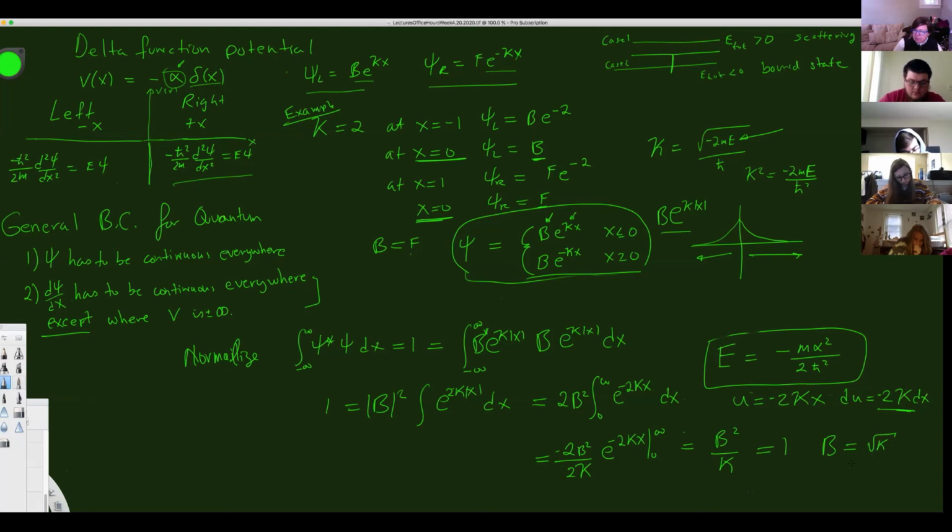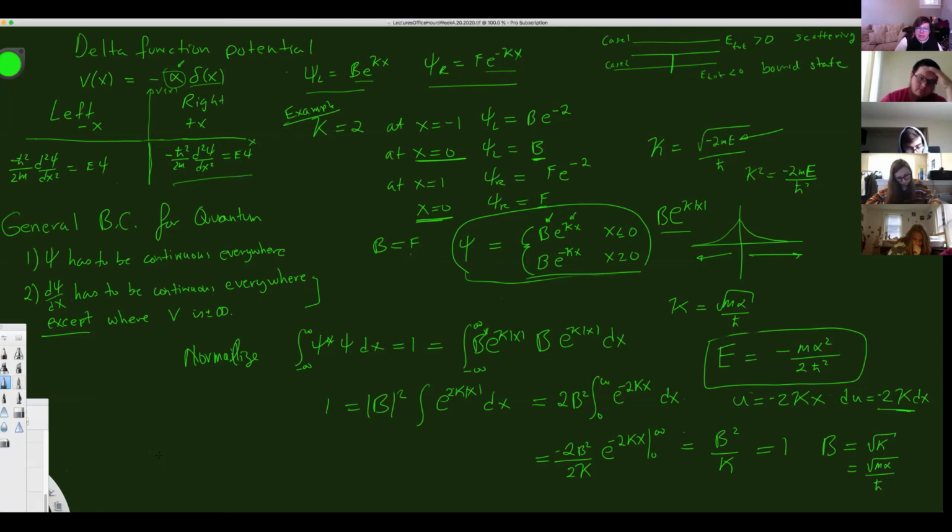And of course, kappa, we already said, and I didn't keep it because we erased it, but if you recall, kappa is m alpha over h bar. And so we have b is the square root of m alpha over h bar.